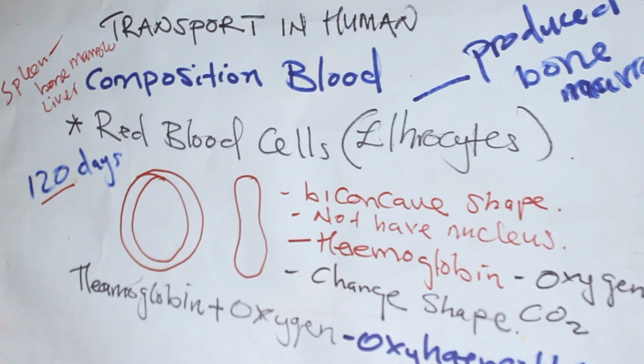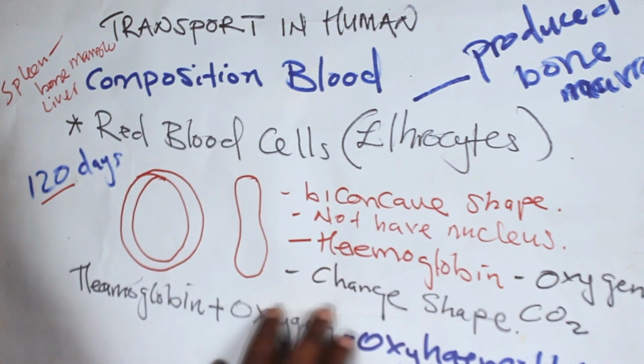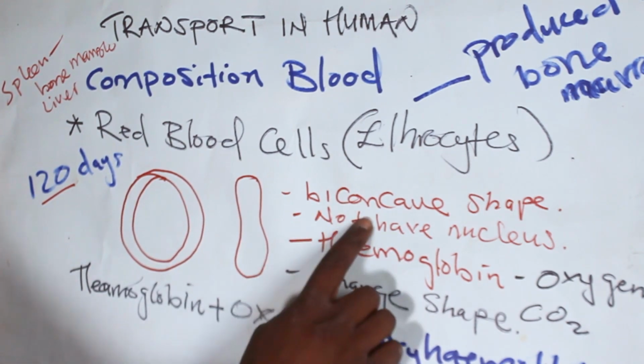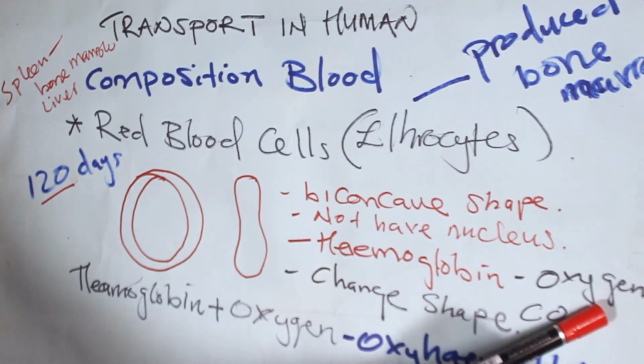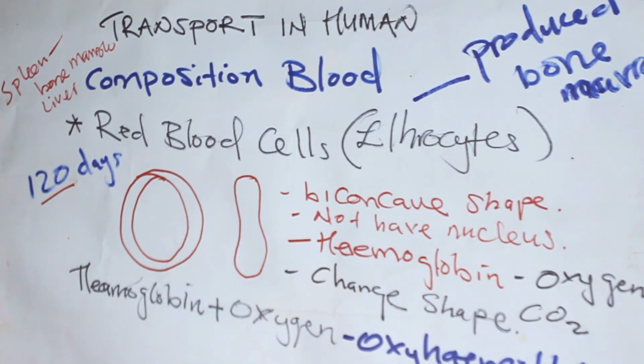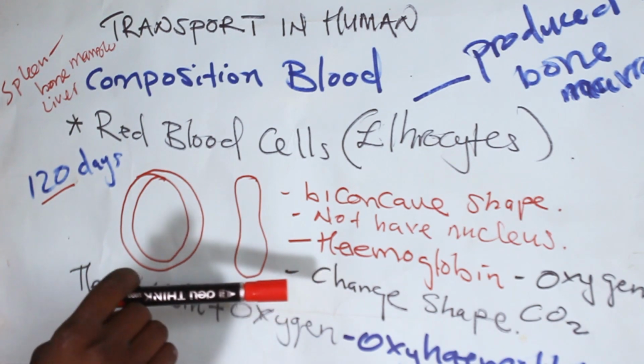So this is about the red blood cells and their function. I hope you understand. I've talked about its shape, a biconcave shape, the way you're seeing it. It does not have a nucleus, so as to allow much hemoglobin that is able to react with the oxygen as well as the carbon dioxide. The red blood cell is able to change its shape so that it squeezes itself in the narrow capillaries.